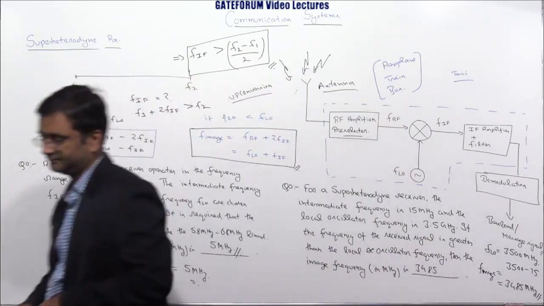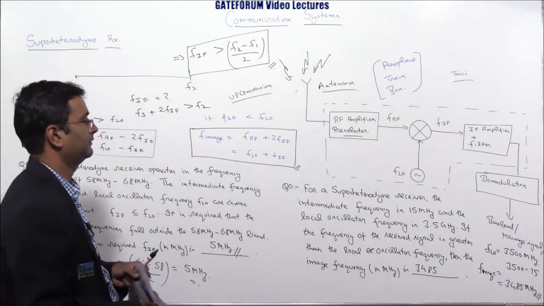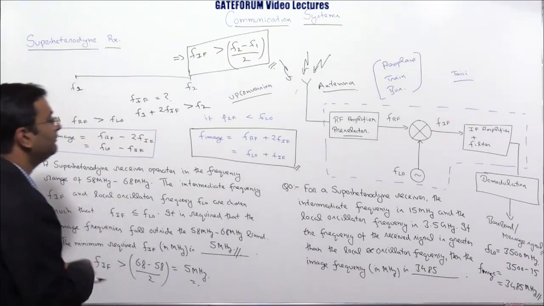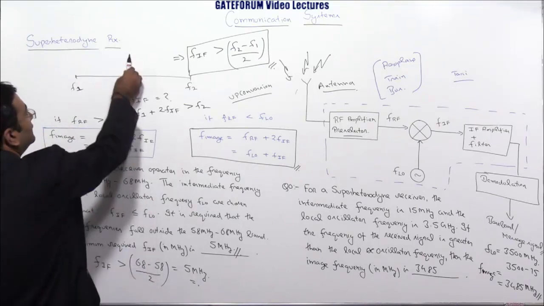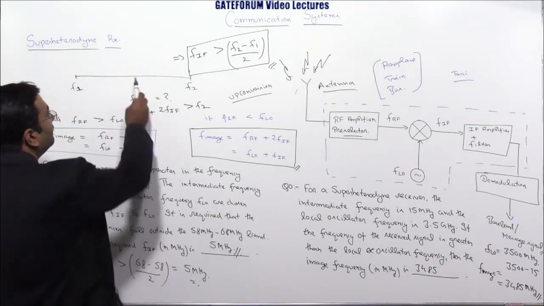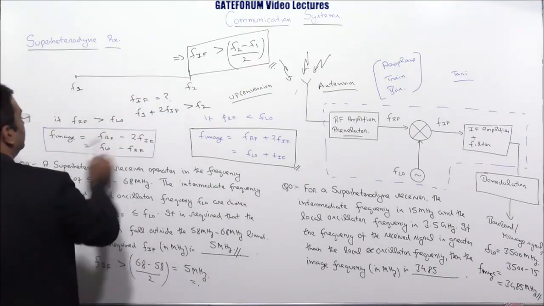That is the answer. Just see, the local oscillator means I am standing here and we want to know the image frequency. FRF is greater than this, so image will fall this side. So FLO minus FIF will give me the image frequency.